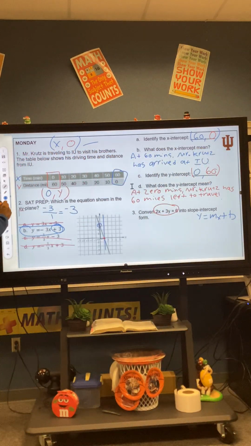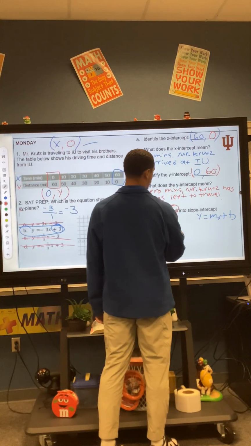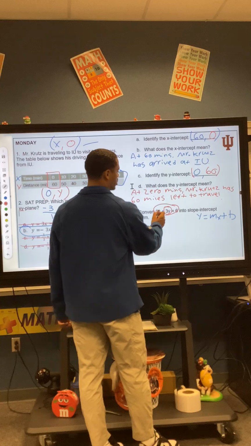So who has to go? Who needs to go to the other side? We want y by itself. So who moves first? Right now, we have somebody third wheeling. On the first one, the one you circled, who has to move away from the Y? This is a couple. He's third wheeling.